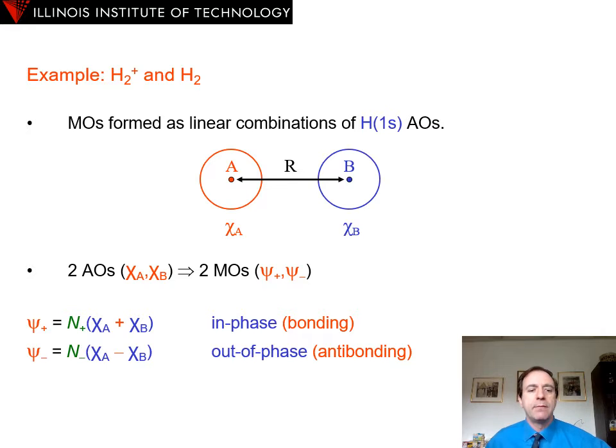So here we're going to have psi plus, which is going to be the positive overlap, or the in phase, or the constructive interference overlap between the hydrogen 1s on hydrogen A and the hydrogen 1s on hydrogen B. The other orbital is going to be this weird idea where it's the destructive interference. It's the out of phase, and it's what we call anti-bonding.